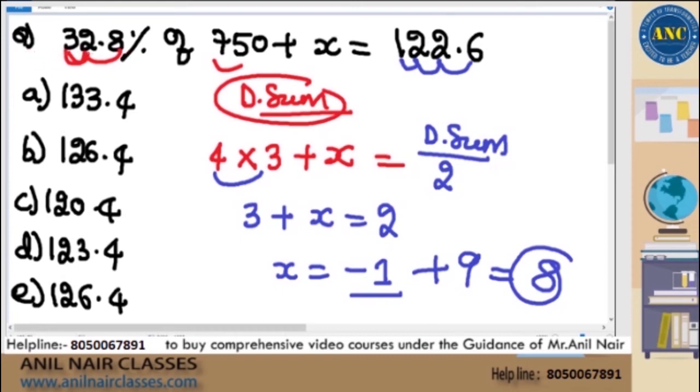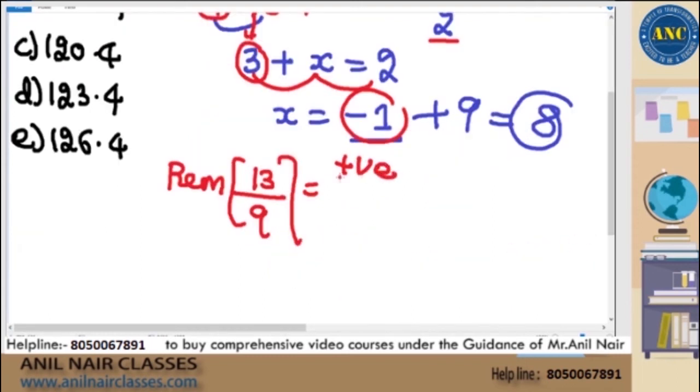3 plus 2, 5. 5 plus 8, 13. 1 plus 3, 4. Digital sum is 4. 750 is 7 plus 5, 12. 1 plus 2, 3. Plus x equivalent 2. 6 plus 2, 8. 8 plus 2, 10. 10 plus 1, 11. 11 digital sum is 2. 4 threes are 12. 1 plus 2, 3. 3 plus x is 2. x will be minus 1. 9 ones are 9.